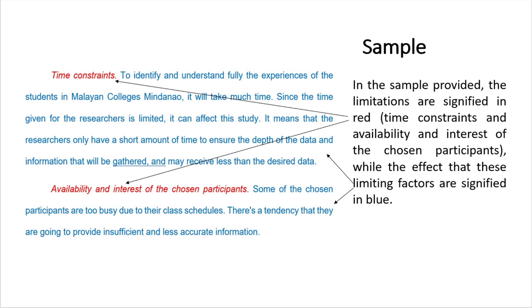What's the second limiting factor? The second limiting factor that they identified would be the availability and interest of the chosen participants. Now, some of you may have experienced or may have encountered participants who did not want to actively participate in the collection of the data.